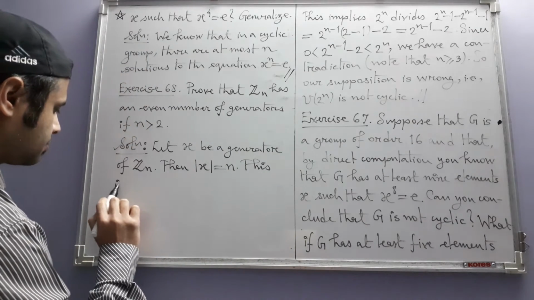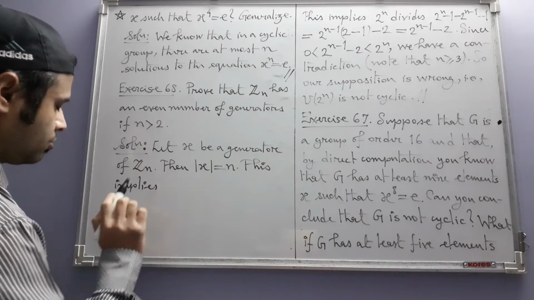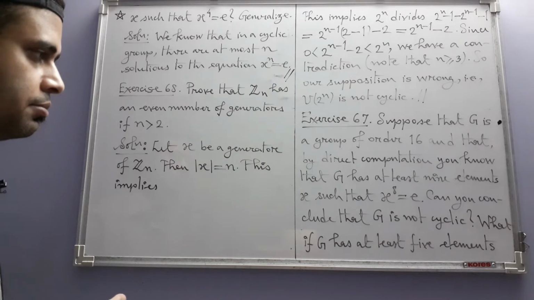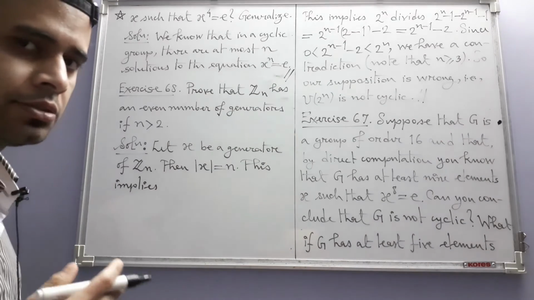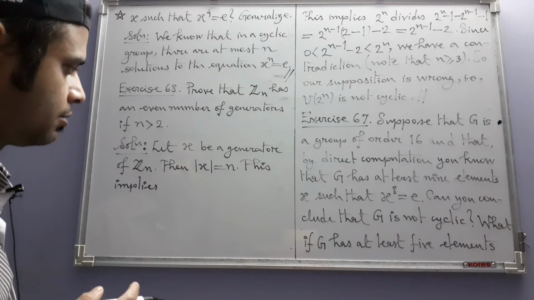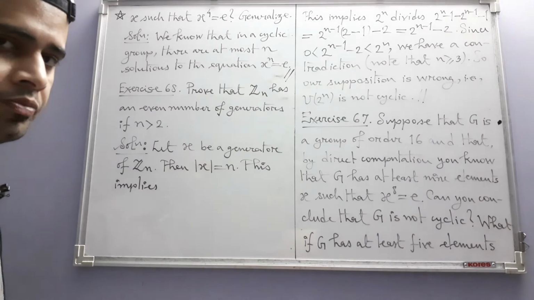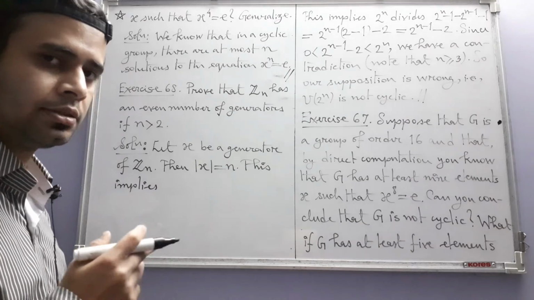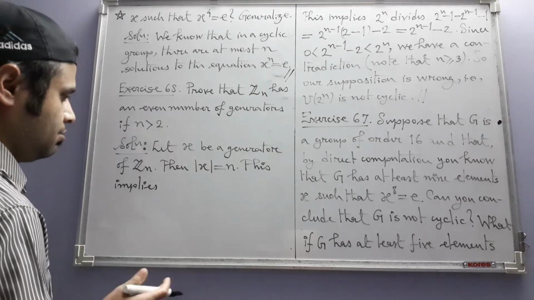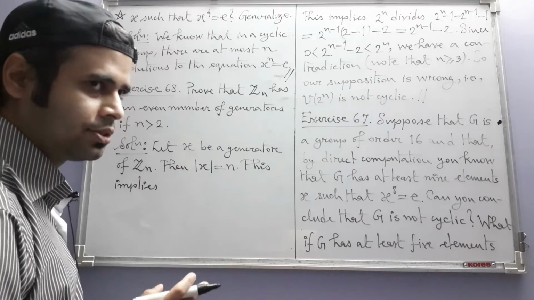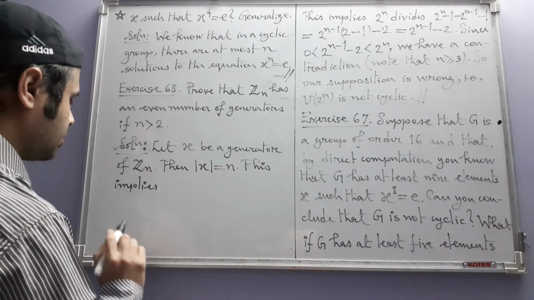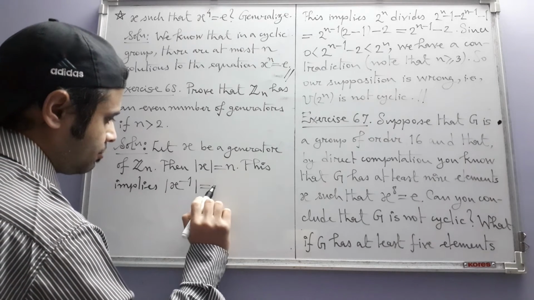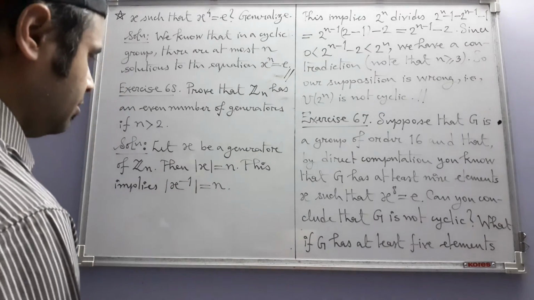And this implies, we know that not just in Cn or any cyclic group, in any group, the order of an element, if it is finite, is the same as the order of its inverse. And if the element is of infinite order, then its inverse is also of infinite order, which is very easy to prove. You just have to apply the definition of order and you can prove this fact. This implies that the order of X inverse is also equal to n.